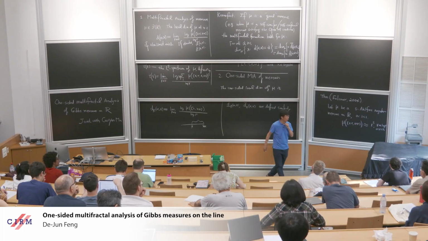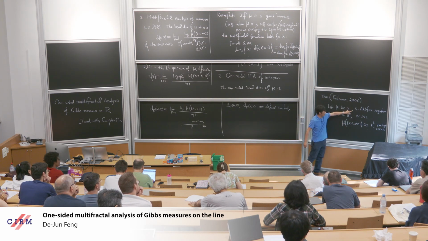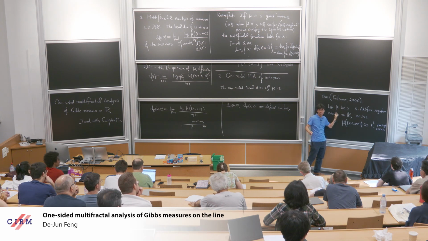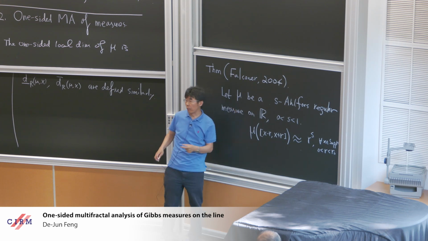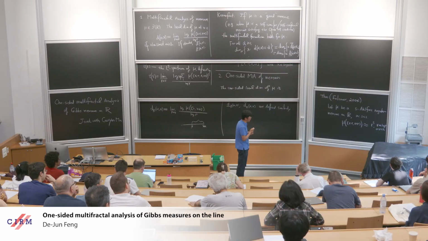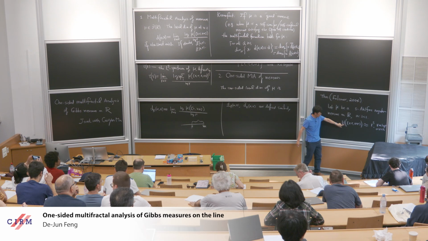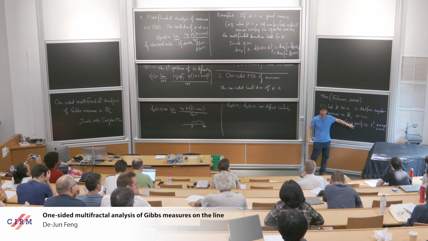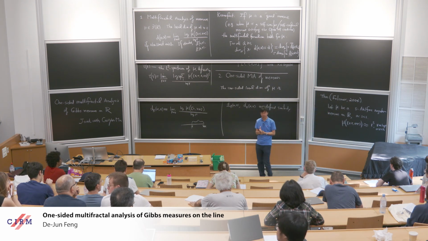If this property holds, we call mu an Ahlfors regular measure. Here, s is assumed to be strictly less than 1, so the support of mu is a fractal set. In this case, we know that the local dimension of mu at any point in the support is equal to s. So there is only one local dimension, essentially.